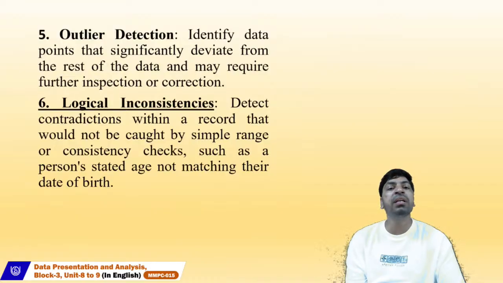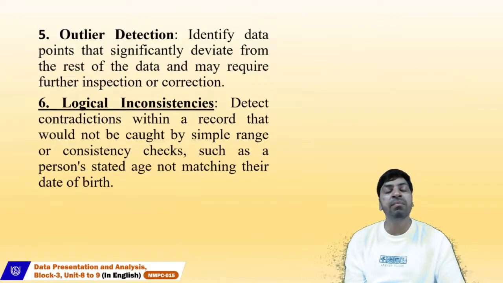Next is logical inconsistency. It detects contradicting entries within the record that would not be caught by a simple range or consistency check, such as a person's stated age not matching the date of birth.